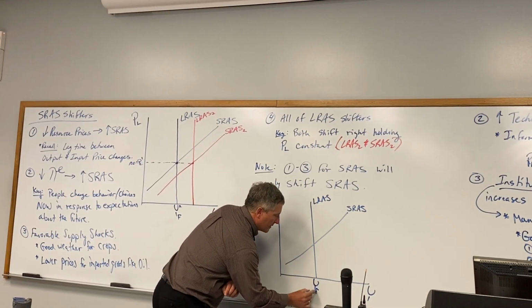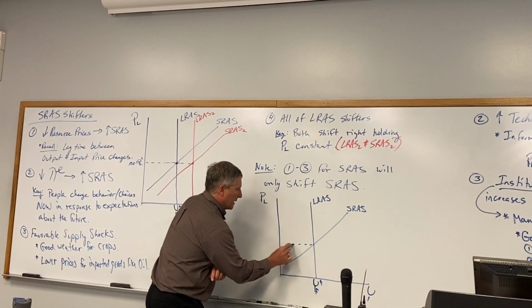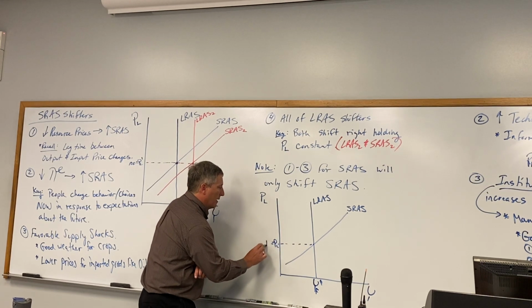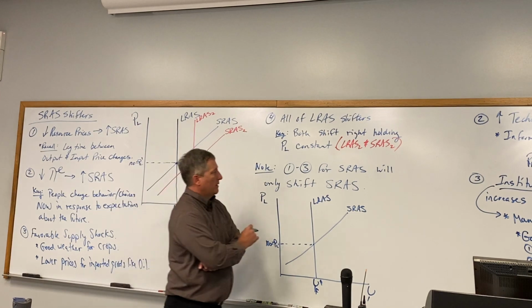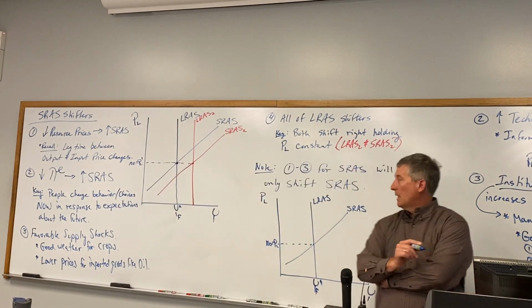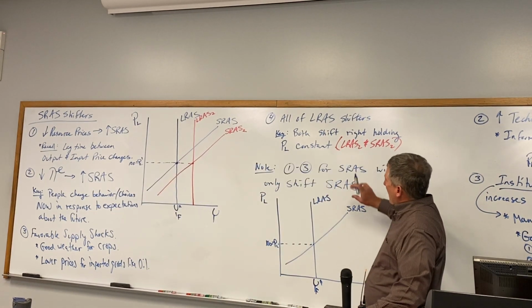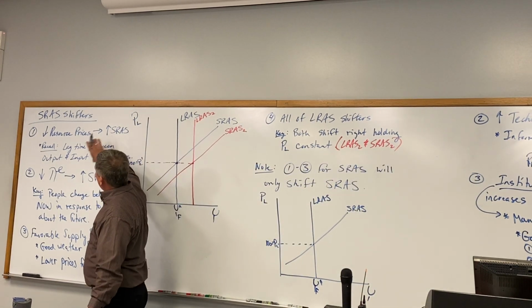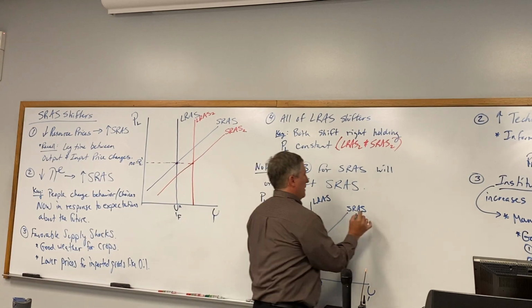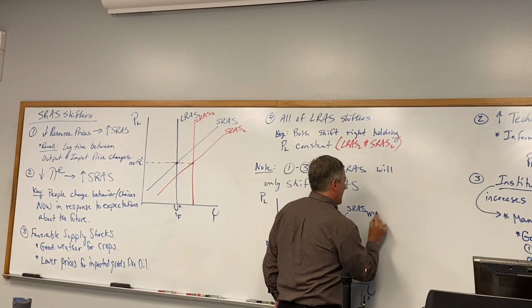Starting off at the full employment level of output and the price level of 100. And then let's put resource prices currently at a wage rate of $10 an hour.